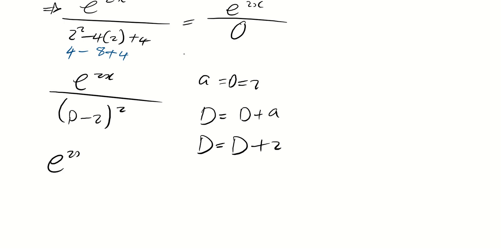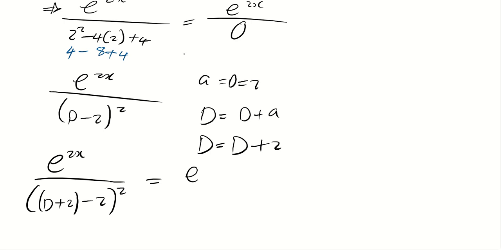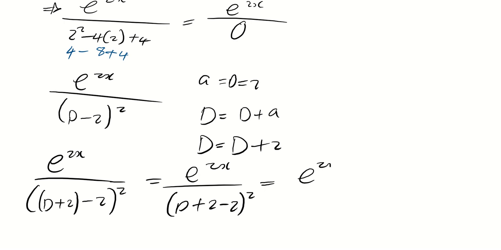So you will have e to the power 2x over, open bracket, D plus 2, and then minus 2, then squared. Then I'll have e to the power 2x divided by, now I remove my bracket, D plus 2 minus 2 all squared, which is equal to e^(2x) divided by, obviously these will cancel, and I'll be left with D squared.